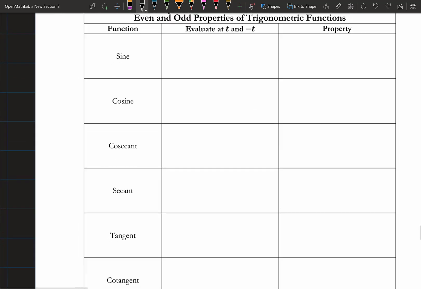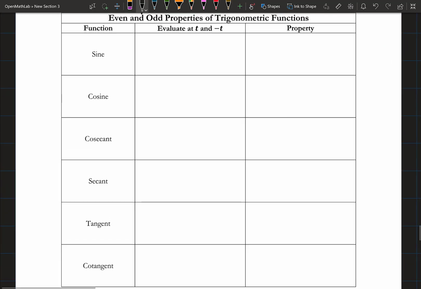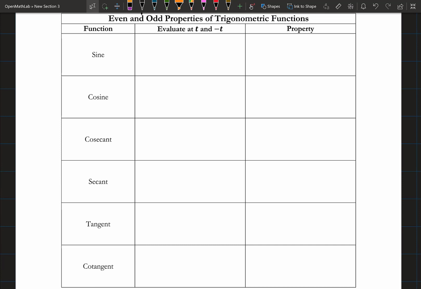So we can think about even and odd properties of trigonometric functions. If we evaluate sine and cosine of the trig functions at t and also negative t, then we can think about the property. Sine of t is equal to y, and sine of negative t equals negative y.